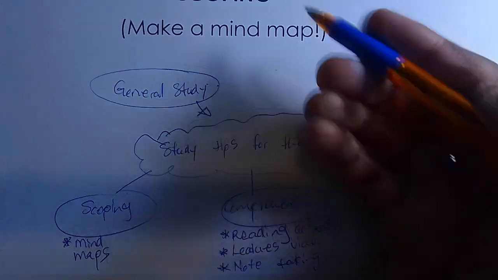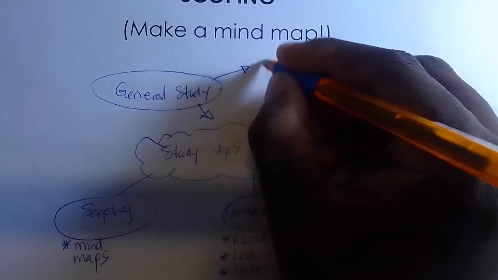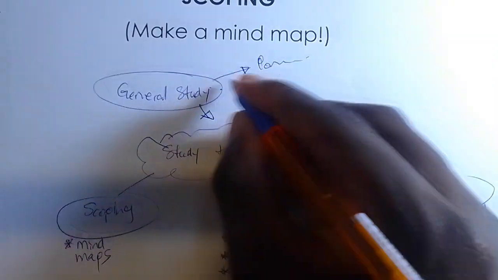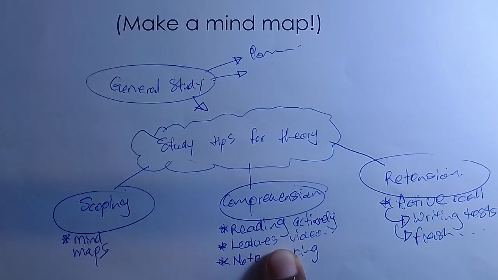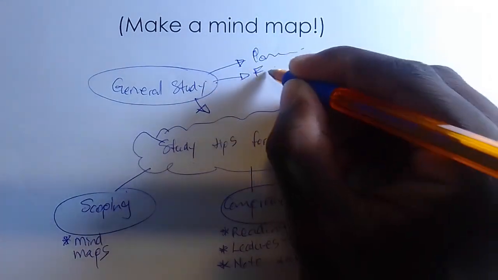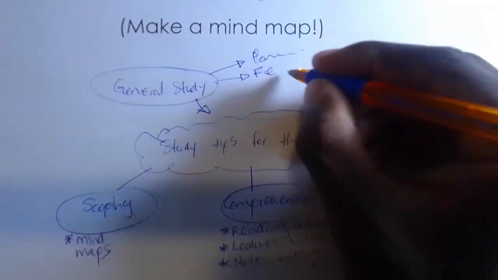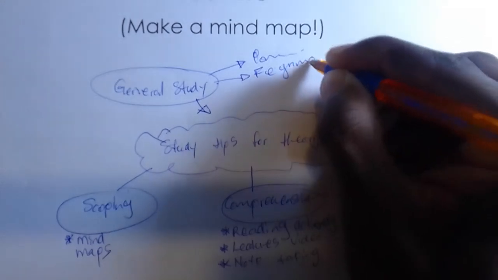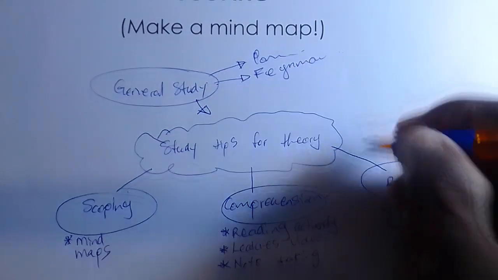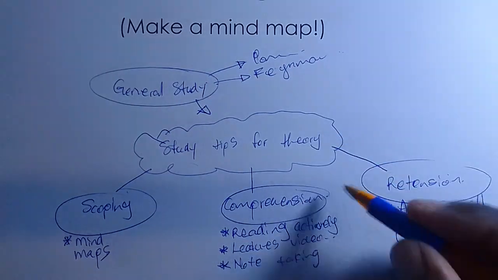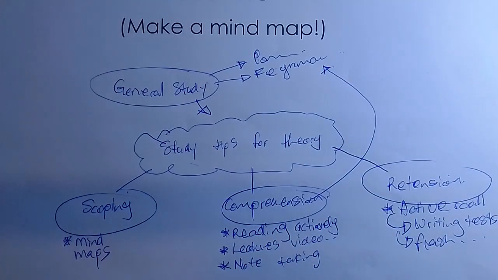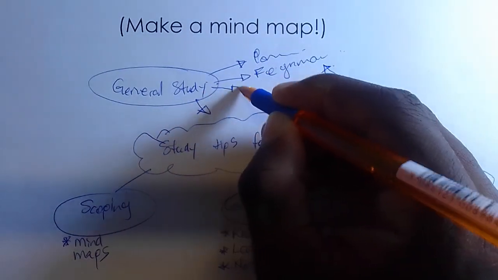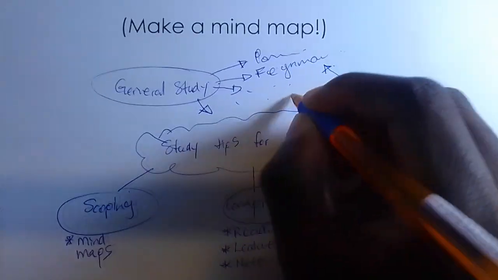So this is basically like a mind map, but it's very simple because that video is not very complicated. Then for general study tips, we had the Pomodoro. There was the Feynman technique, which I mentioned here, but you can mention it here too because it's basically a general study tip. Feynman, and then maybe you could draw a connection between the two because this was also here, and then you can add the other study tips.